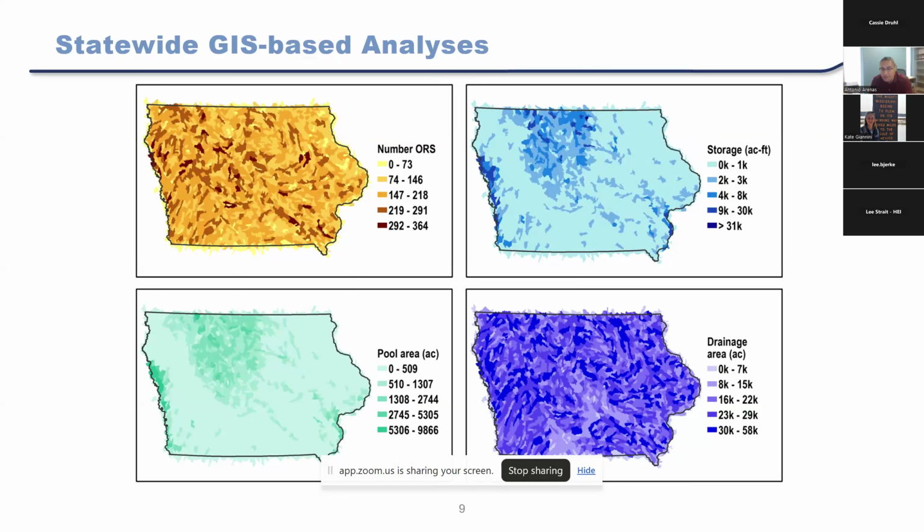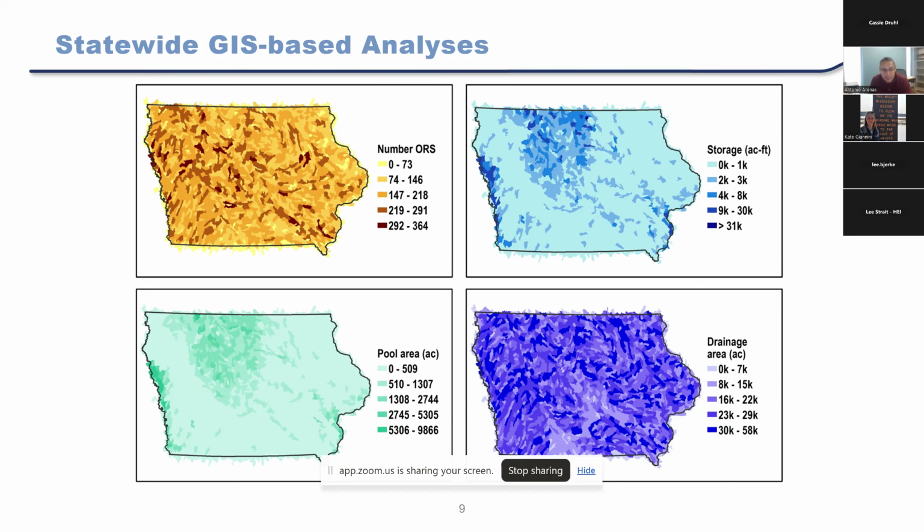Patterns emerge from presenting the data aggregated at the HUC 12, as it is here in this particular map. You see that the structures with the largest storage appear for the most part in the Des Moines Lobe, and in some places near the Missouri River as well. The same applies for the pool area.